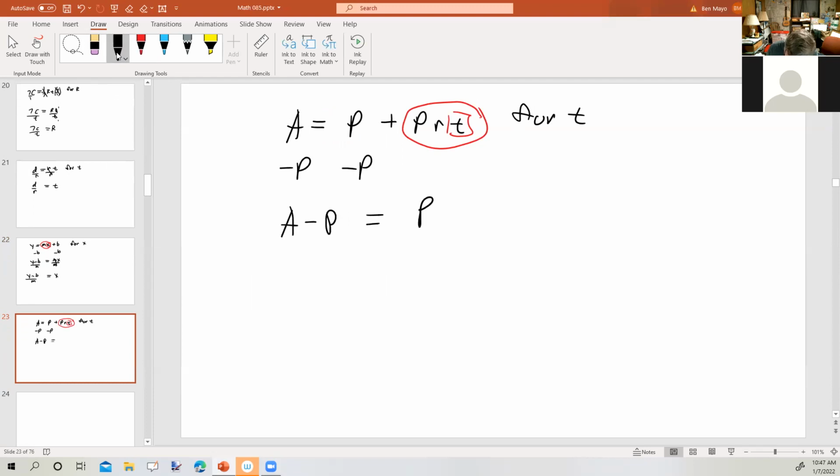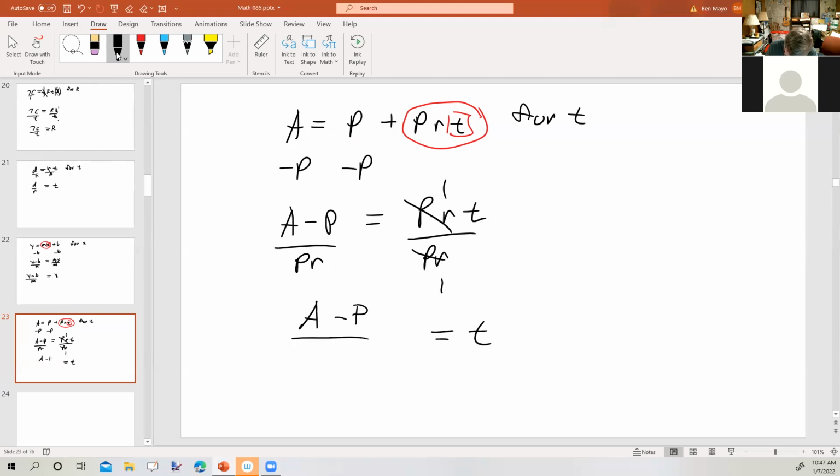A minus P equals PRT. Then to isolate the variable T, we have to get rid of the PR. So we would divide both sides by P times R. That would reduce down to T, and we get A minus P over PR.